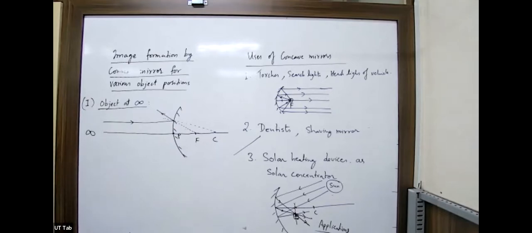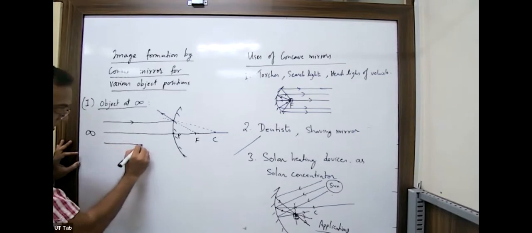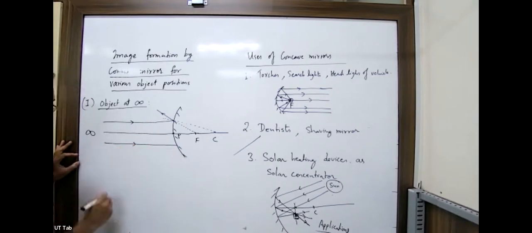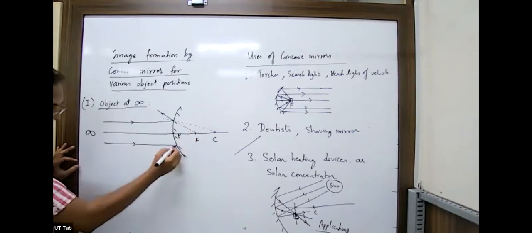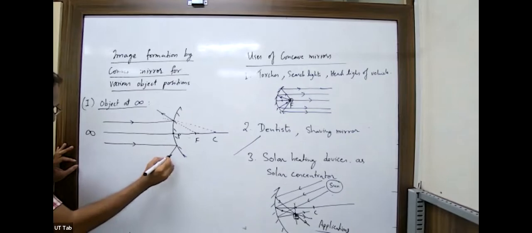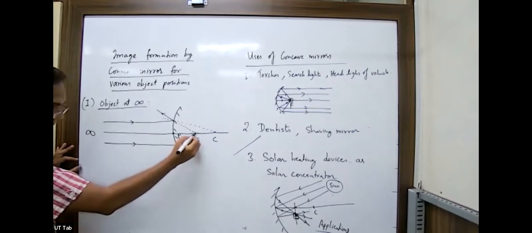Now, where will my image form? At the focus. For that, I will take another ray. Then this would reflect in this direction, the reflected light.